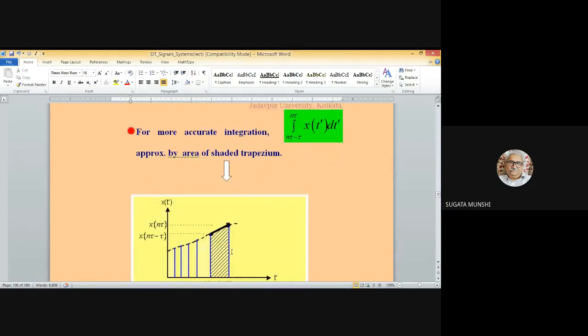So that area is approximated by the area of this trapezium. You can easily find out the area of the trapezium in terms of x n tau minus tau, and tau.